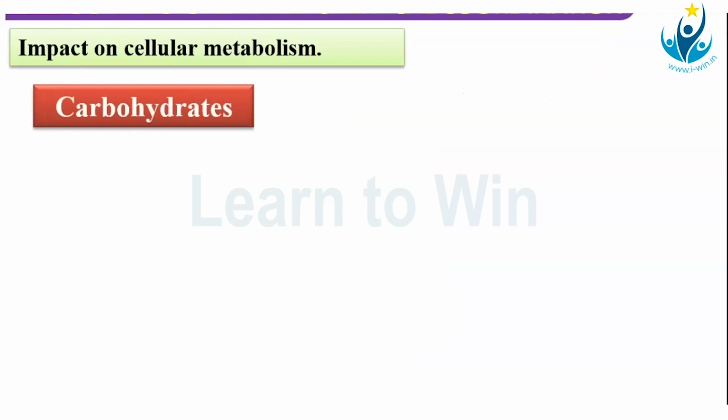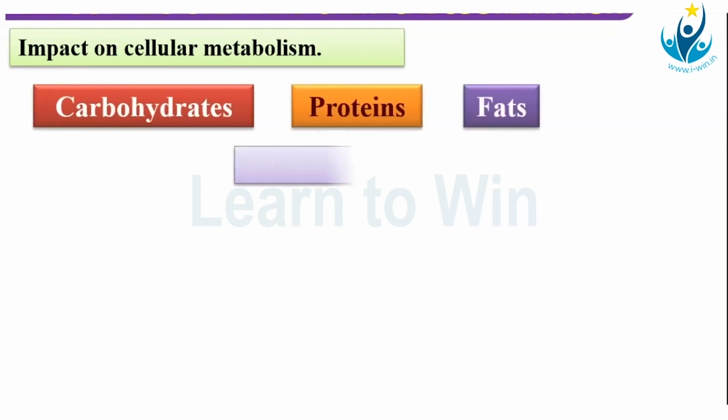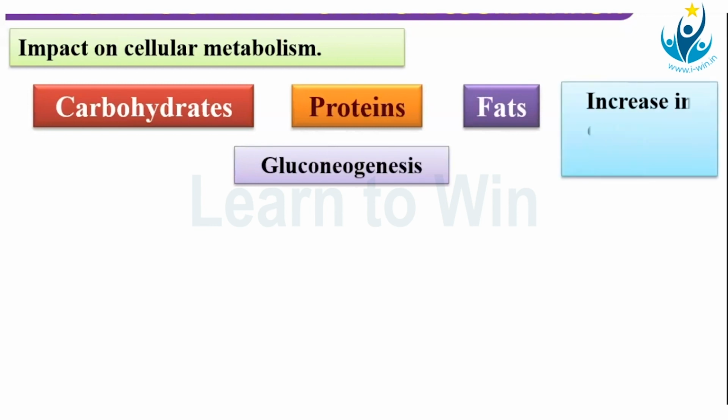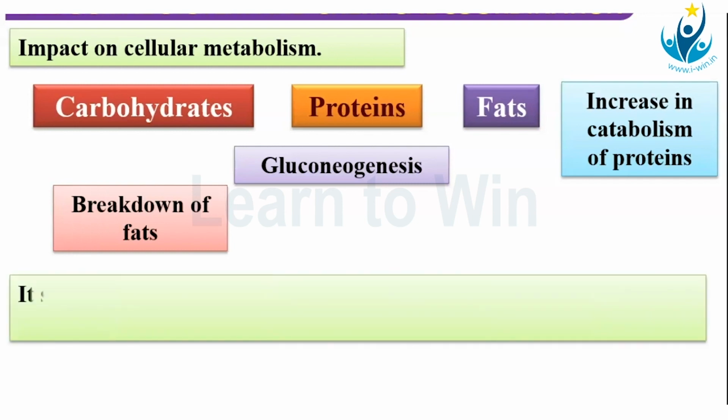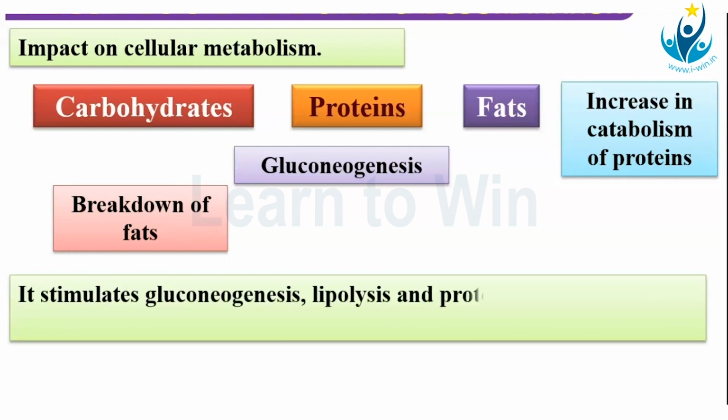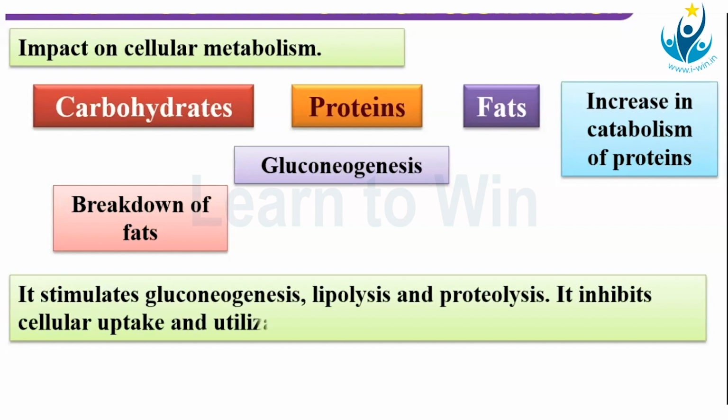Then how does it impact cellular metabolism? Carbohydrates, proteins, fats: basically it creates a combination called gluconeogenesis, and it increases the catabolism of proteins, that is breakdown of proteins. It creates the breakdown of fats.